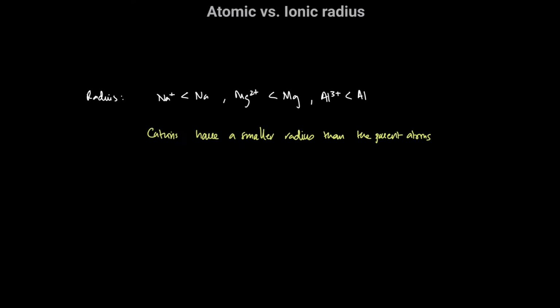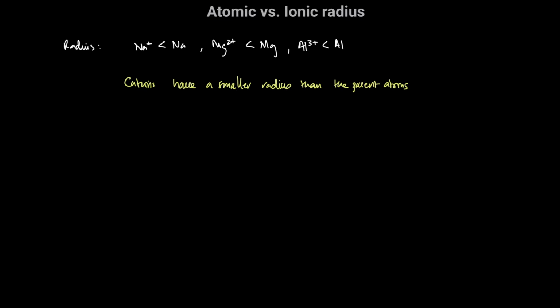The reason why is that when we're usually forming cations, the valence electrons are lost. The valence electrons are lost when cations are formed in most cases. In these three examples, the valence electrons are lost, which means that the number of shells decreases.